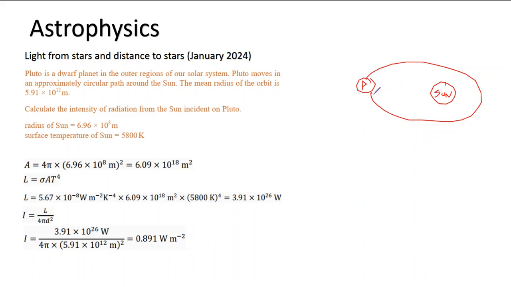So what do I have here? The mean radius of orbit is 5.91. So this is the radius of orbit, which is also the distance, by the way. And the radius of Sun is given as this.